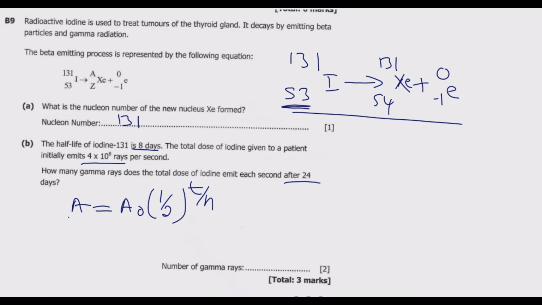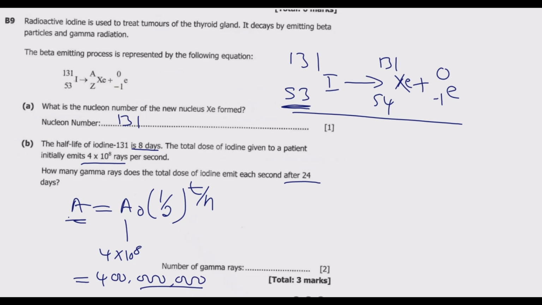So we are looking for A, then we know what this is. This is 4 multiplied by 10 to the power 8, which is the same as 400 million. It's better to write it in millions. Then we know time is 24, then half-life is 80 days.